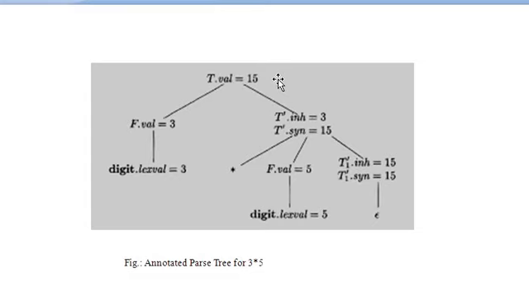Inherited attributes are calculated from parents or siblings, while synthesized attributes are calculated from children. So synthesized attributes perform bottom up parsing, while inherited attributes perform top down parsing.